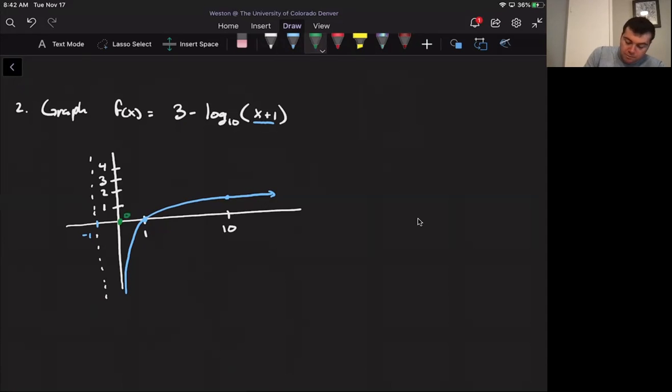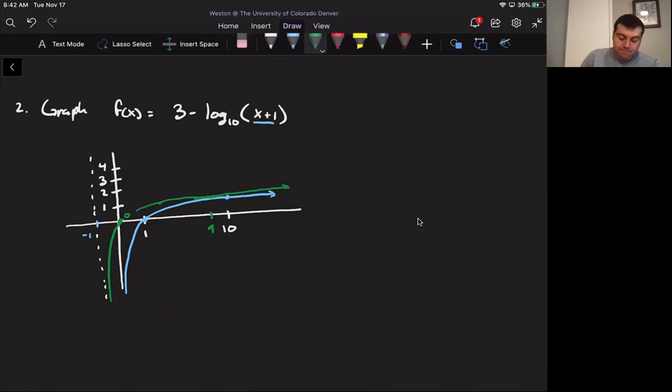So we have 0, we have 9, and we just sketch in this green curve. That should be slightly above. Ever so slightly. So there we go, just shift it a little bit.